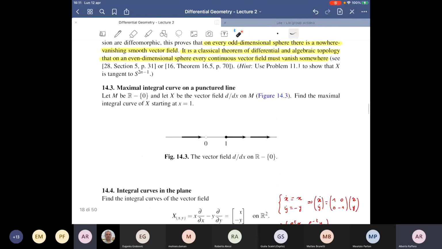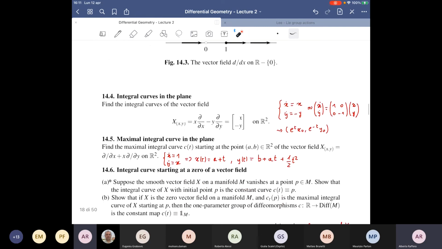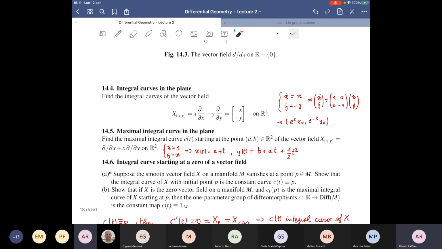Then there are some examples of computing maximal integral curves, and you can try to do these examples on your own. This is just a matter of writing down the ODE and the Cauchy problem you have to consider, and then understanding the maximal time of existence of the solution. Here there are some examples, and I already wrote some solutions in every case. These are very similar to the other example we considered before.